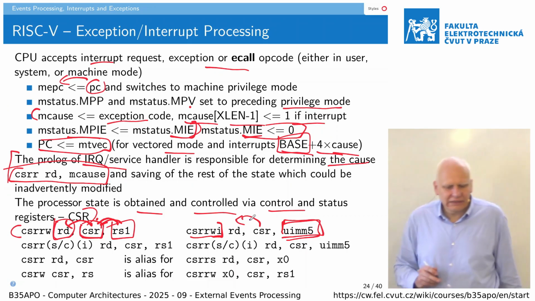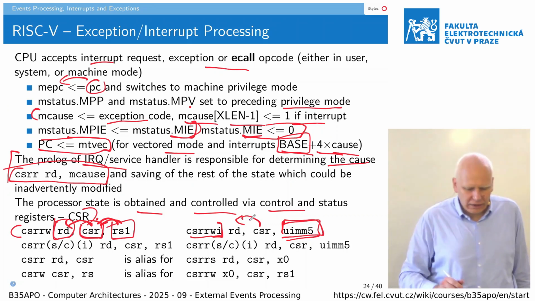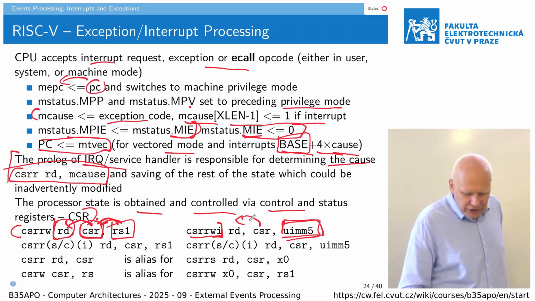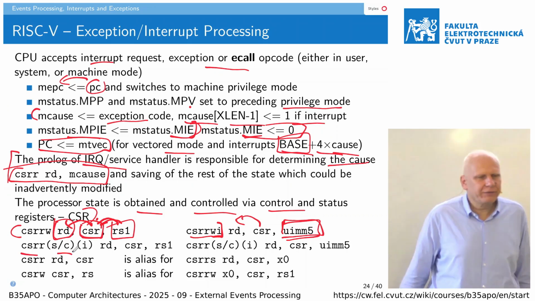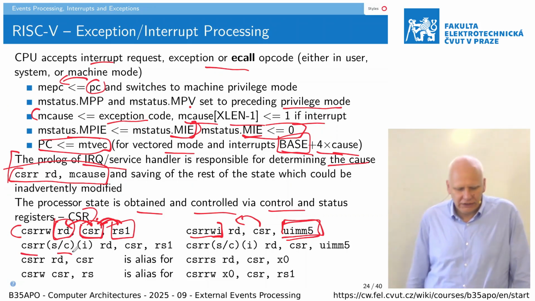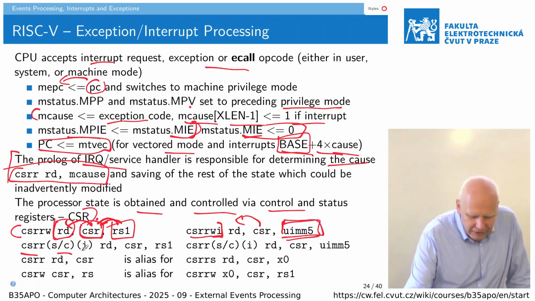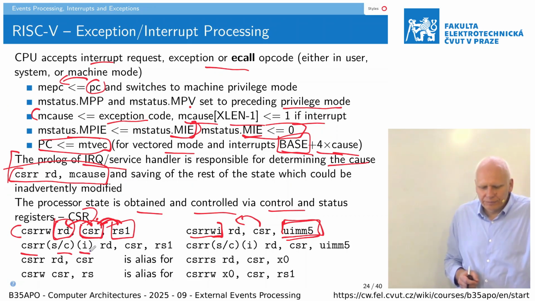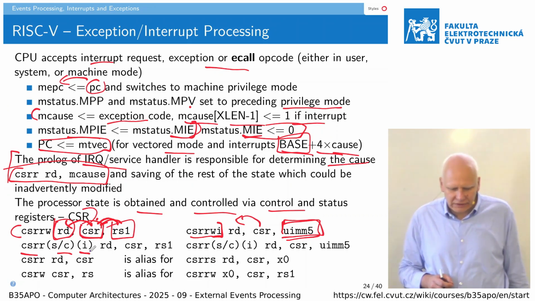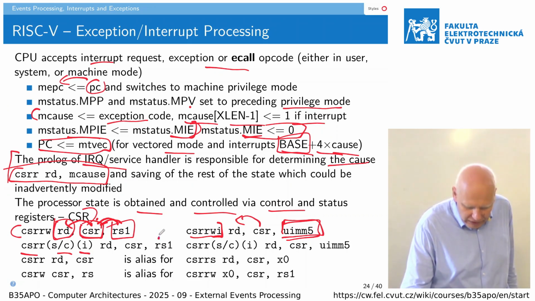Then there is a set of instructions which allows you to set and clear specific bits of the register, and it can be with the immediate value or with a value in some other register.